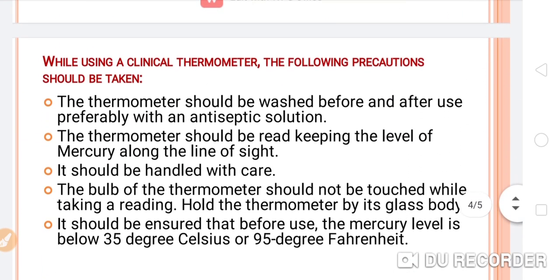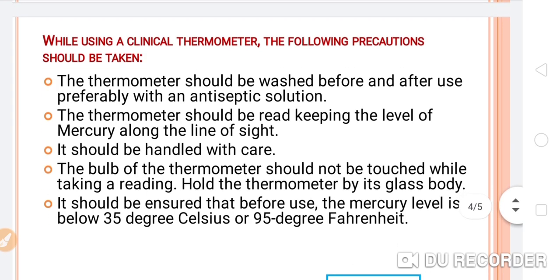Now next, while using a clinical thermometer, the following precautions should be taken. Let's see what precautions we must take while measuring temperature and handling a clinical thermometer. The thermometer should be washed before and after use, preferably with an antiseptic solution.